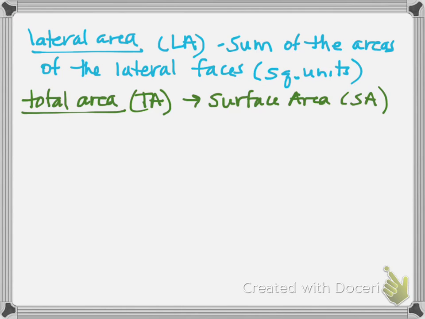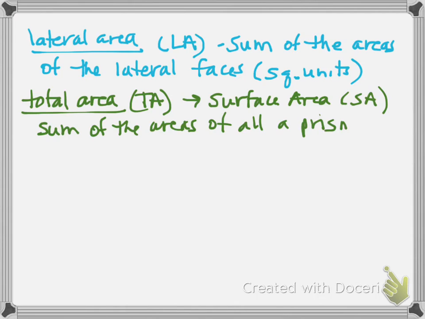So the total area is the sum of the areas of all the faces. So of all a prism's faces. Okay. So there's a formula that we know for total area.